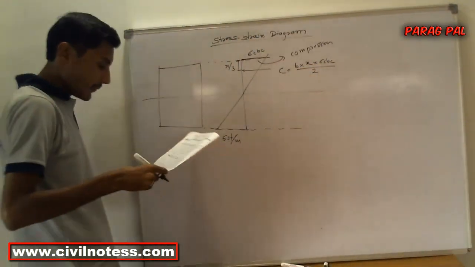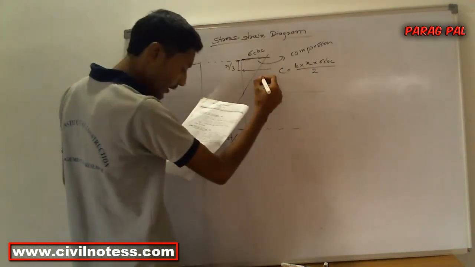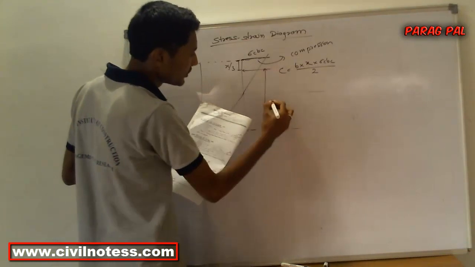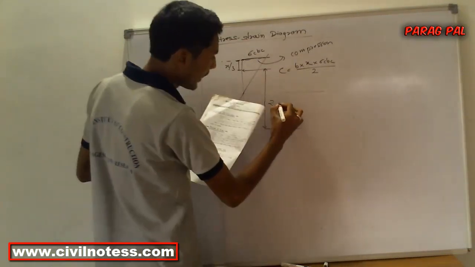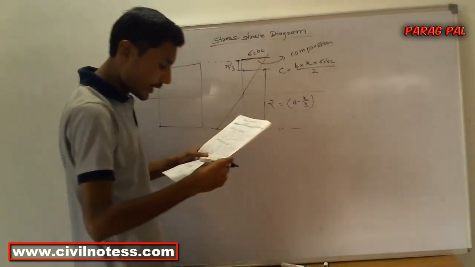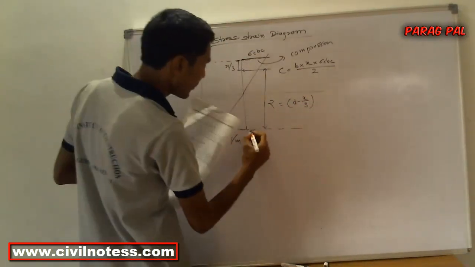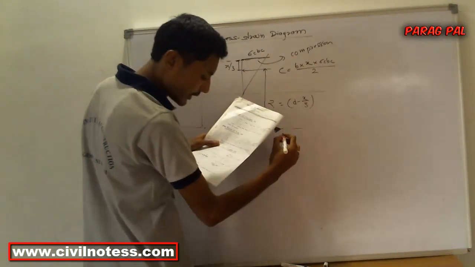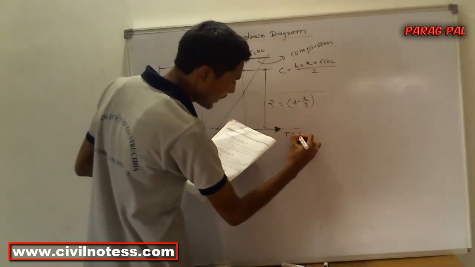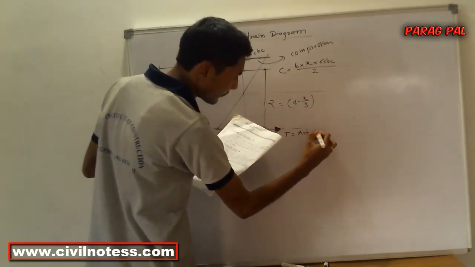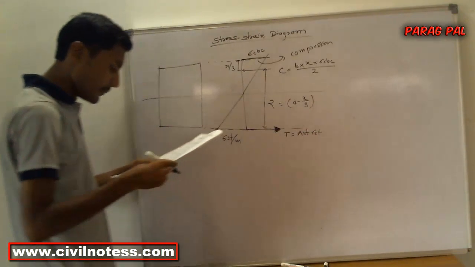And from this point to this point, the z value, the lever arm, is taken as d minus x by 3. And the tension along this side is taken as T equals Ast dot sigma st. These things are really very important to know.